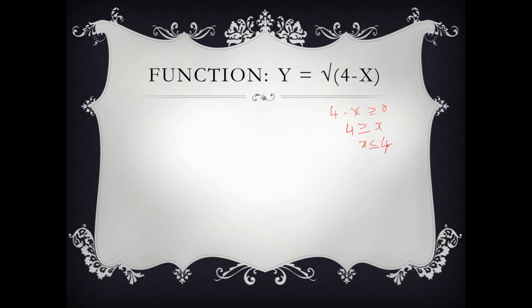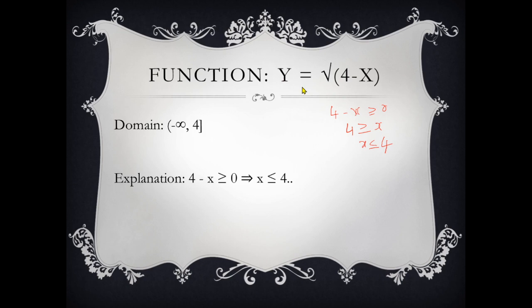So x may be any negative number less than 4. If x is equal to 4, then this term will be 0. Then square root of 0 equal to 0, that is allowed by the function.